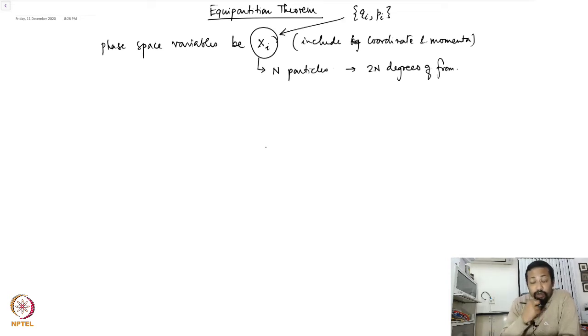Now I want to determine the average of the quantity x_i del H del x_j, where H is the Hamiltonian.